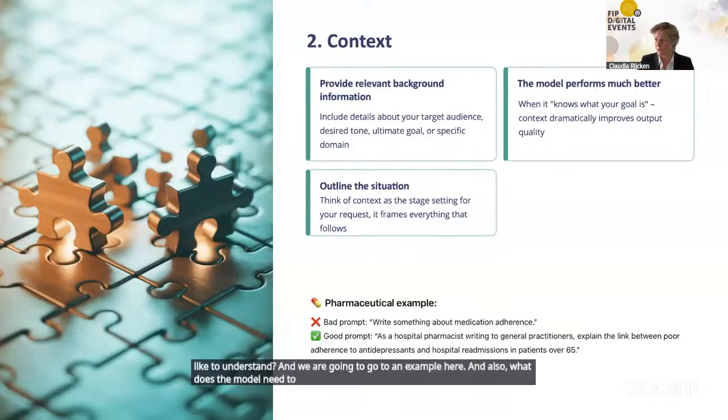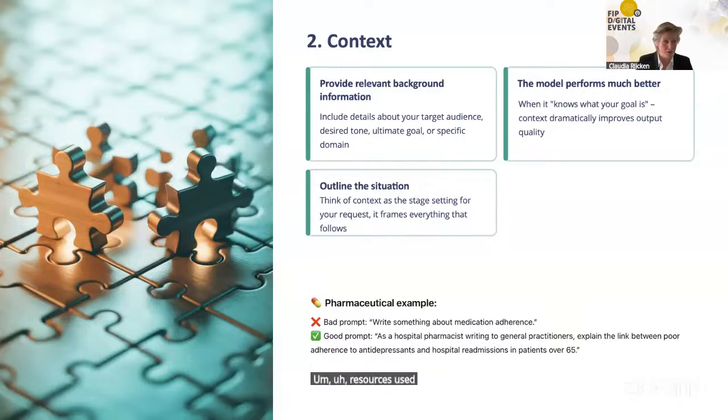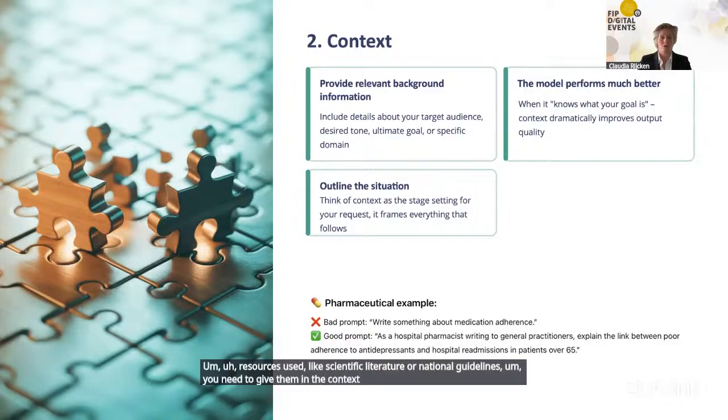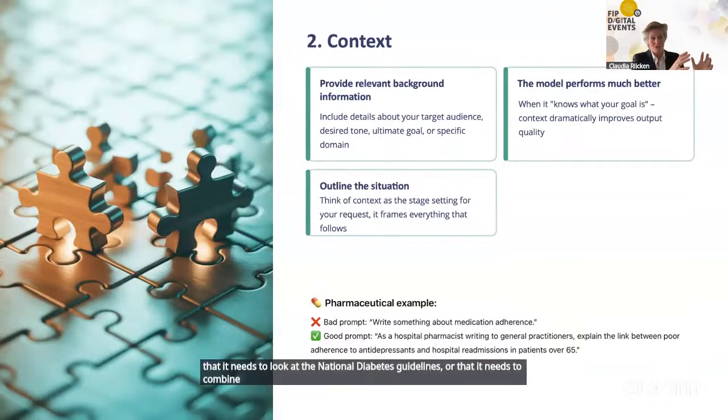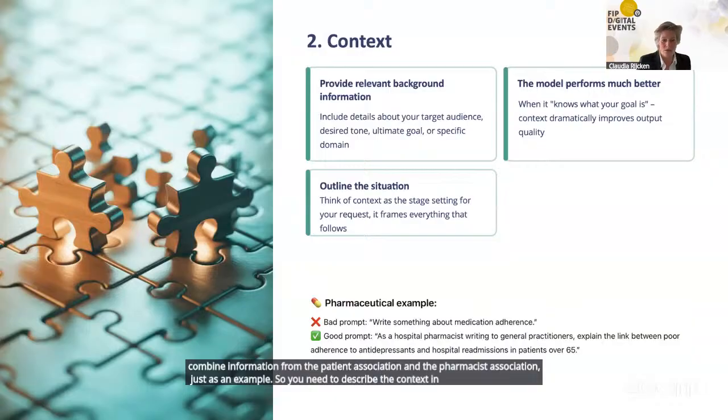If you want certain resources used, like scientific literature or national guidelines, you need to give them in the context, because the model doesn't know itself that it needs to look at the national diabetes guidelines, or that it needs to combine information from the patient association and the pharmacist association, just as an example. So you need to describe the context in a very adequate way.